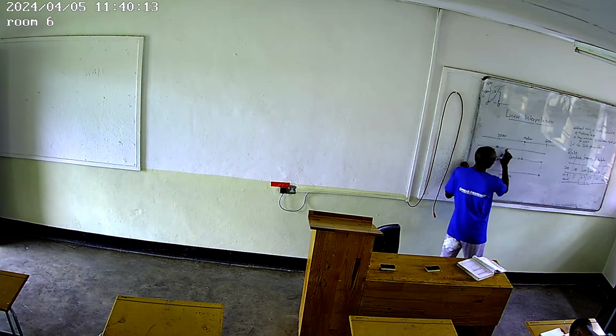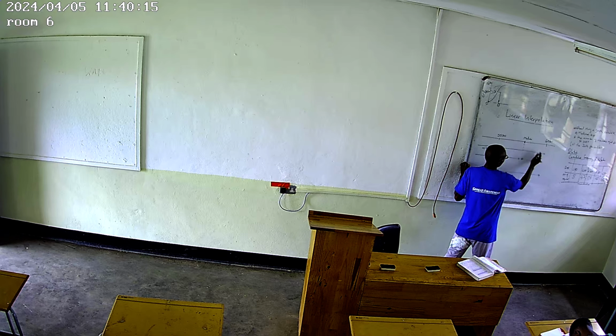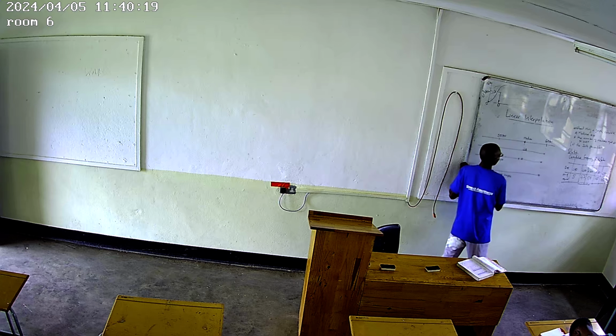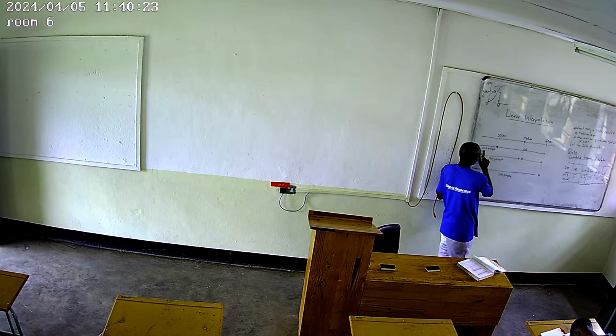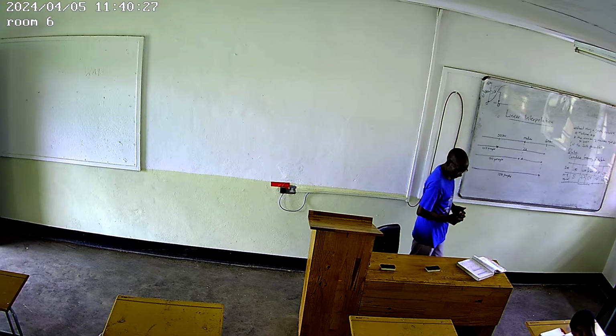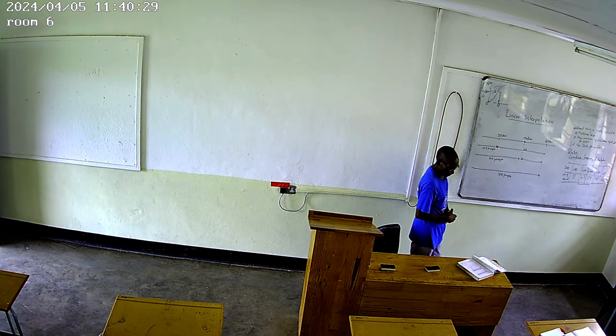What will be here from there to there? 61. Right? Because if you take 61 plus 47, it gives you 108. Right?